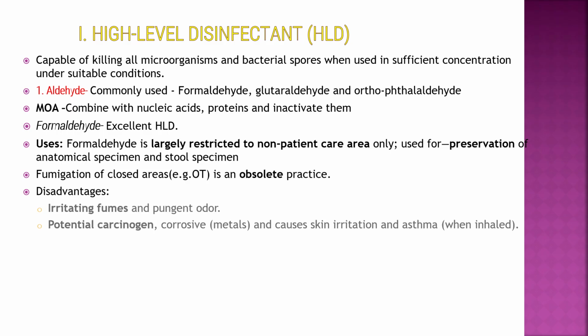Uses: it is largely restricted to non-patient care areas for preservation of anatomical specimens, histopathological specimens and stool specimens. The fumigation of OT is nowadays not practiced. Disadvantages: it has an irritating and pungent odor, is a potential carcinogen, corrosive, and causes skin irritation and asthma when inhaled.